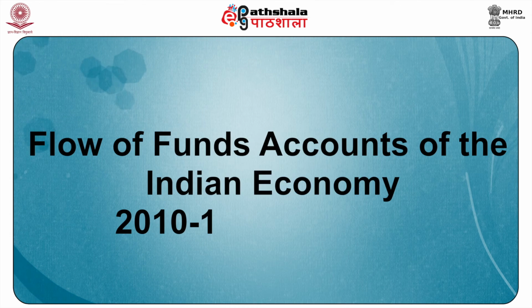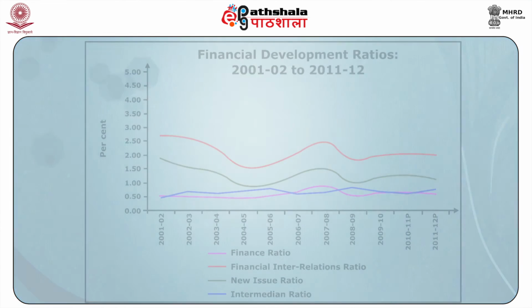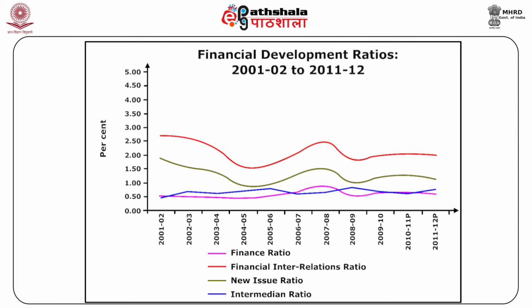Flow of funds accounts of the Indian economy, just as a hypothetical example for the years 2010-11 and 11-12. December 10, 2013. In this segment, information is given about the net savings and net investment from different sectors such as the private corporate sector, public sector, household sector, and other information presented from 2008-9 to 2011-12.